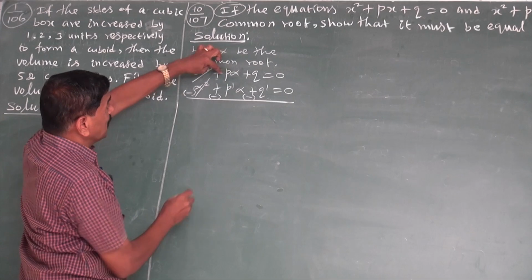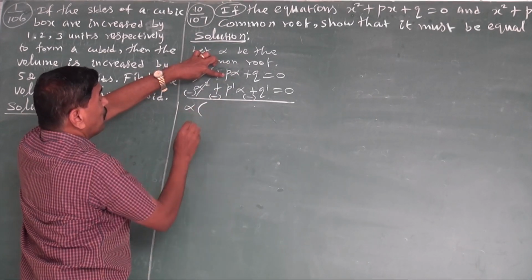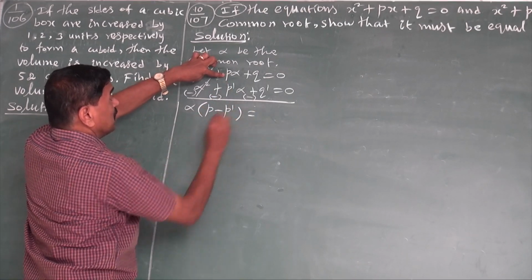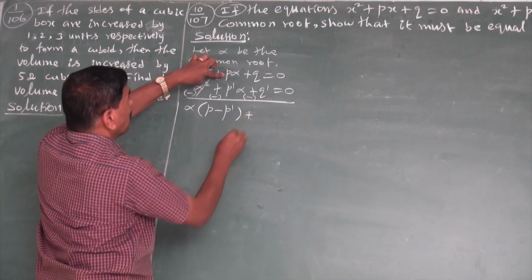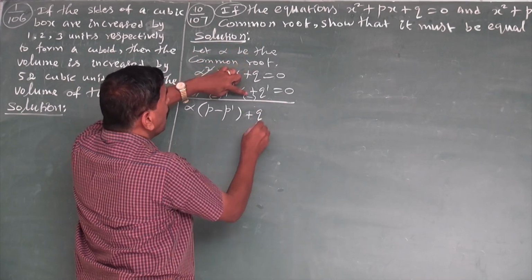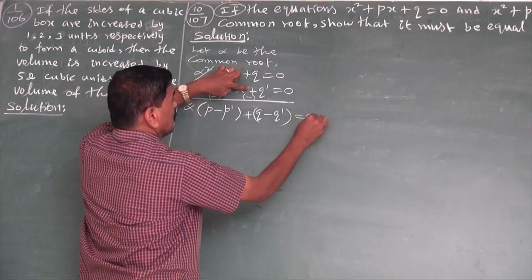Here alpha is common. That means alpha into (p minus p dash) plus (q minus q dash) is equal to 0.